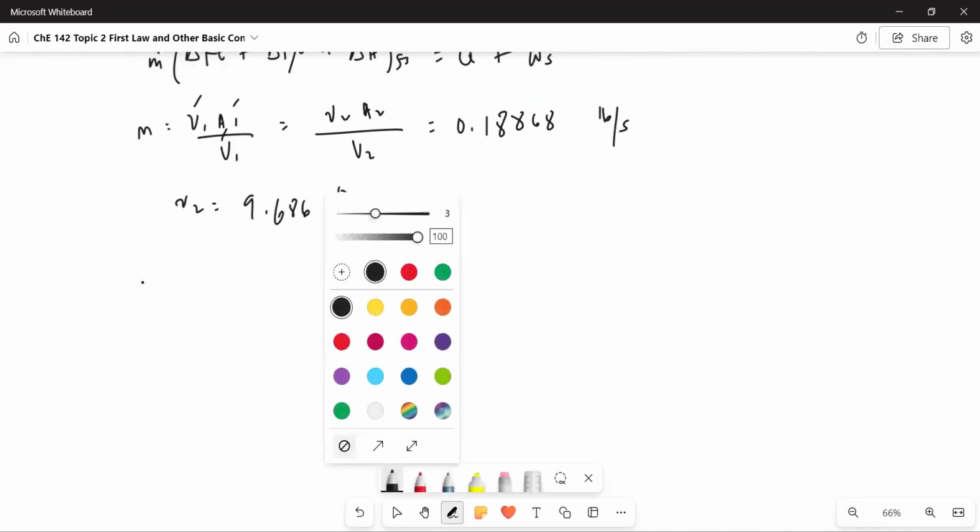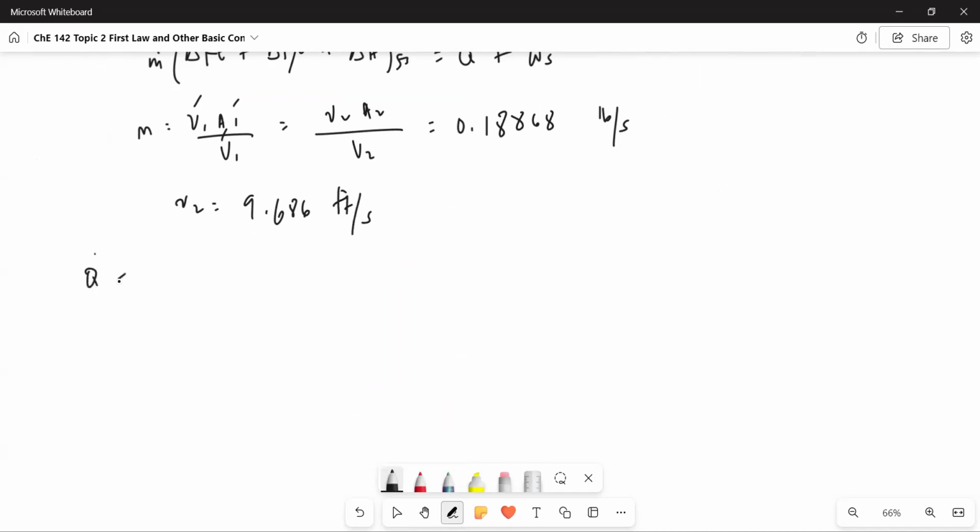So now we go back to our energy equation, and that is delta KE plus delta H times the mass of flowing stream minus the work shaft equal to Q. So we substitute everything.